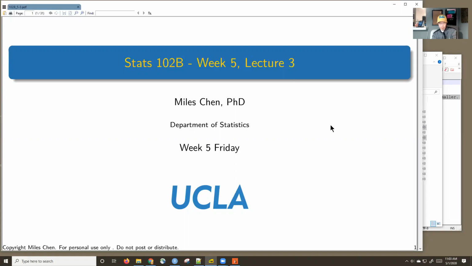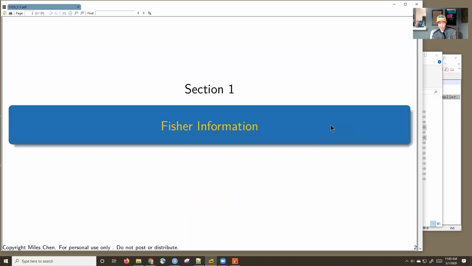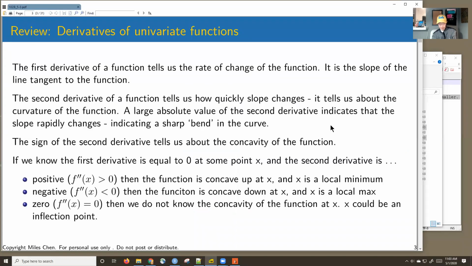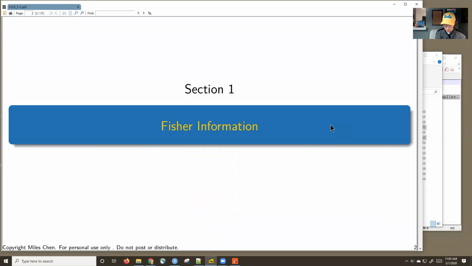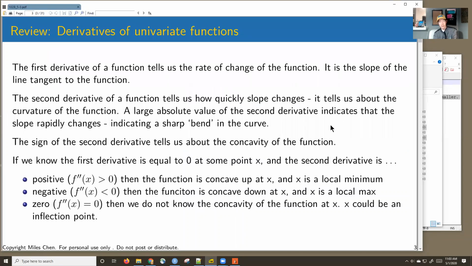Okay. Our lecture is covering Fisher information. We introduced this topic on Wednesday, but we didn't get that far into it. If you look at a univariate function, there's a lot you can learn from the first and second derivatives.